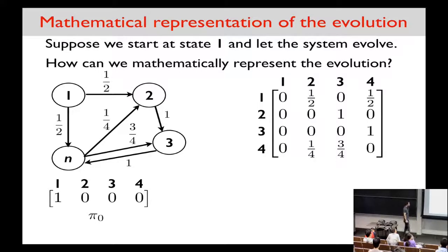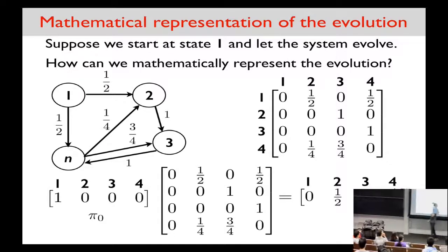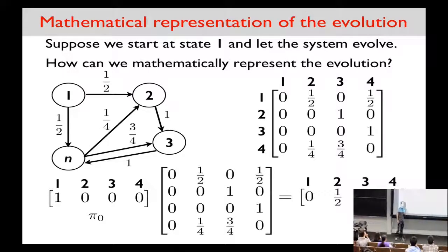And it turns out, as you suggested, if I take this vector and I multiply it with the transition matrix, here we go, I will get another vector. In this case, I will get the following vector, 0, half, 0, half. And if you look, this is going to represent precisely the probabilities of being in a certain state after one time unit, after one step.